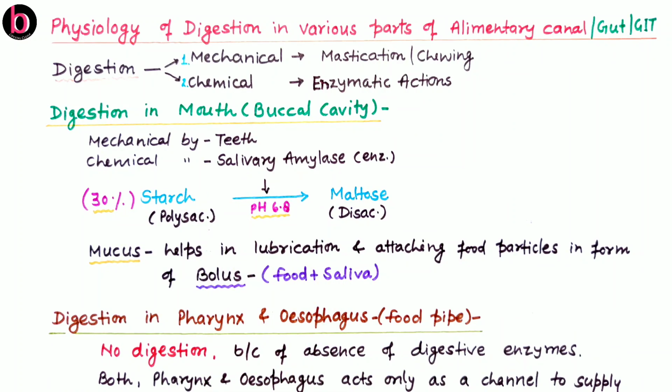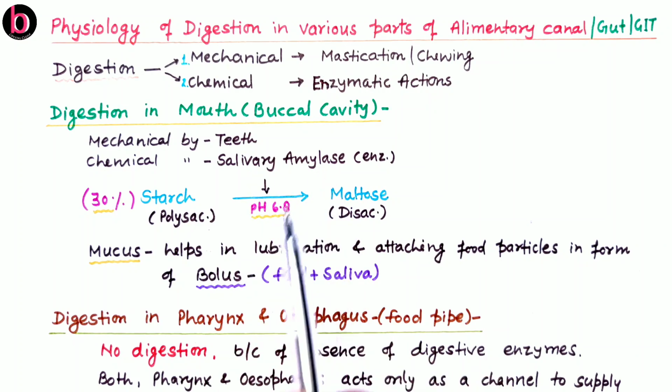Three pairs of salivary glands are present in the human mouth: parotid, sublingual and submandibular or submaxillary. By these salivary glands there is secretion of saliva that carries mucus along with the salivary amylase enzyme.